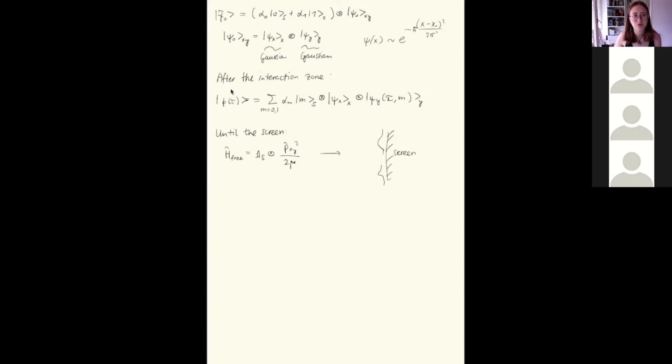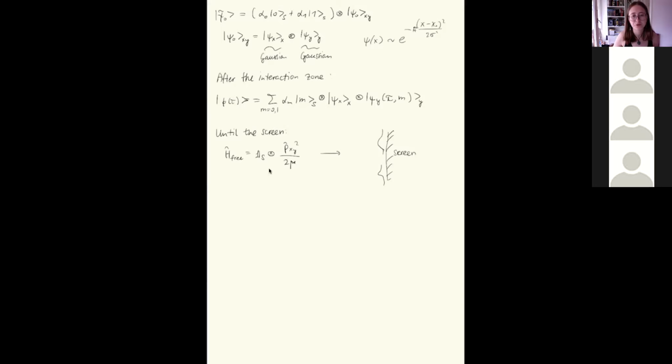So I would recommend to explicitly do the calculation to obtain the state phi of tau after the interaction zone to convince yourselves that indeed this coupling happens. And then you can either estimate, or just from how the state looks and what you know about how Gaussian wave functions evolve, you can already predict the shape of these two patterns on the screen and their intensity.